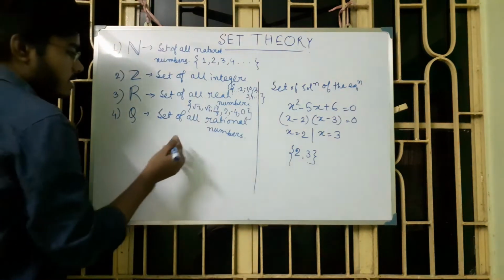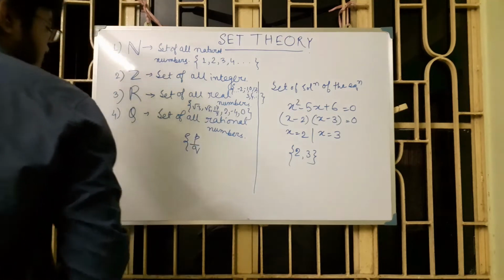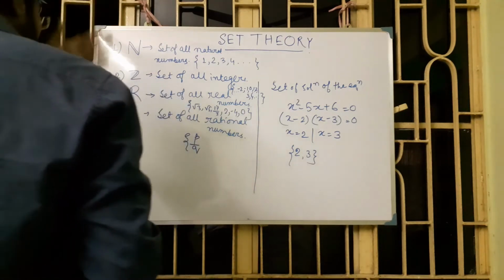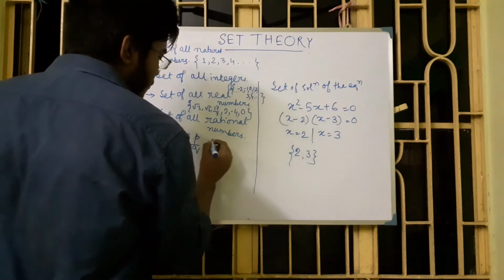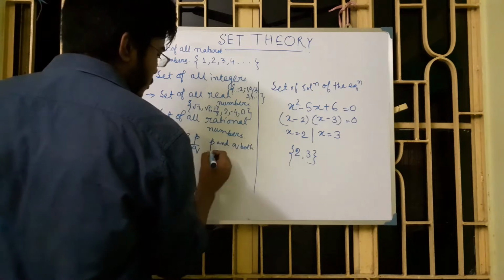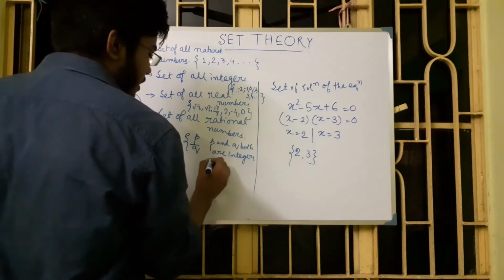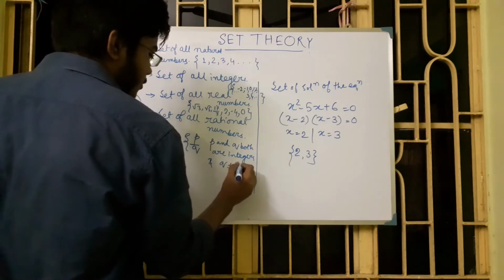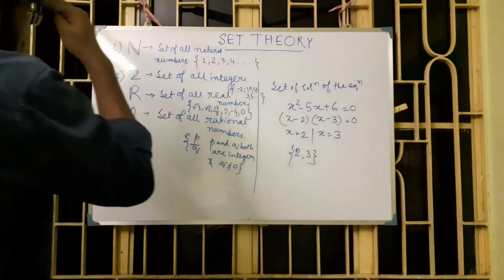And rational numbers are the numbers which we can write in p by q form, where p and q both are integers and q not equal to 0. This is the set of rational numbers.